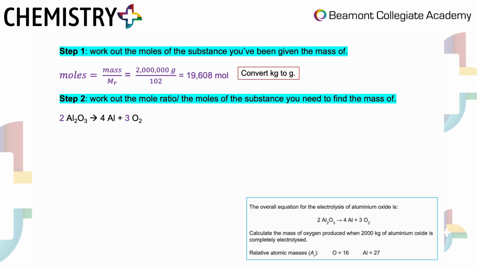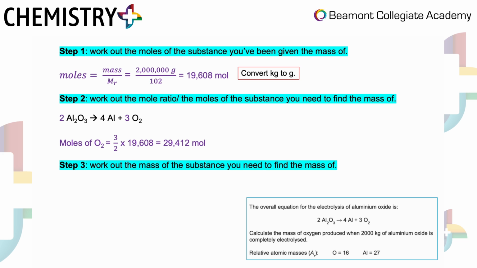For this, it was 2 lots of aluminium oxide to 3 lots of oxygen. 2 moles of aluminium oxide, 3 moles of oxygen. Times this by the 19,608 that you just calculated and that left you with an answer of 29,412 moles.